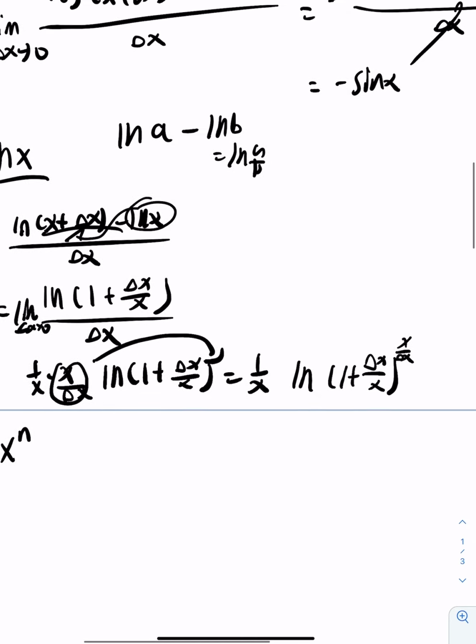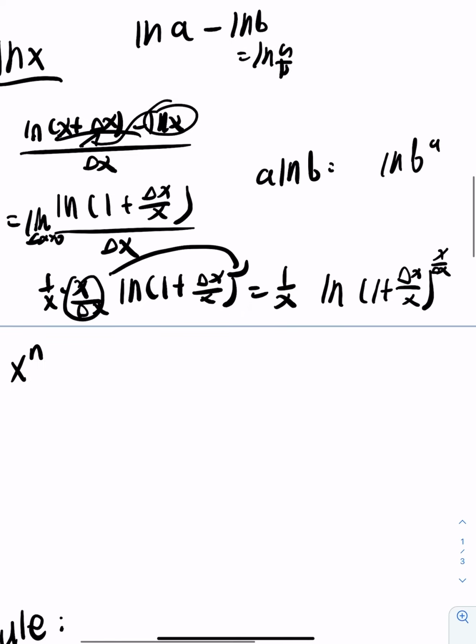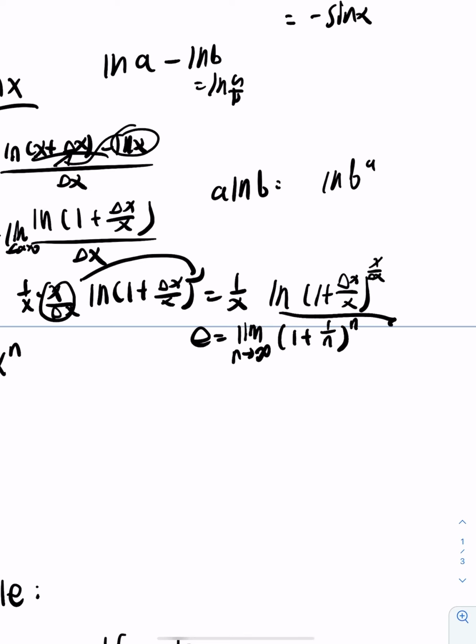So what's going on here? We also know that a ln b is equal to ln of b to the power of a. And by observing this term, we have the definition of e: the limit as n approaches infinity of (1 plus 1 over n) to the power of n.